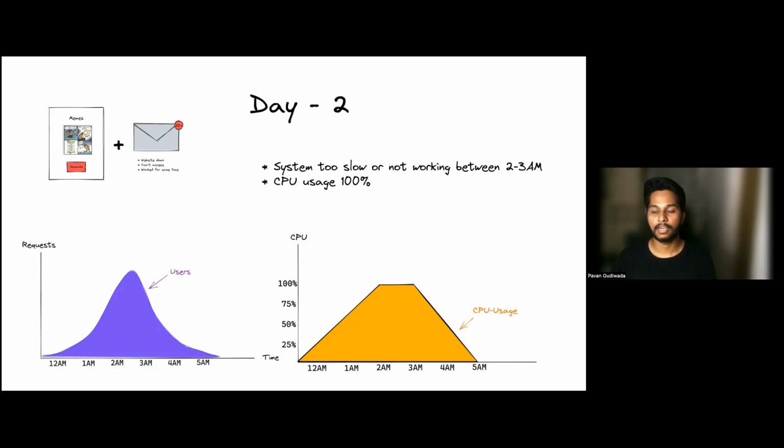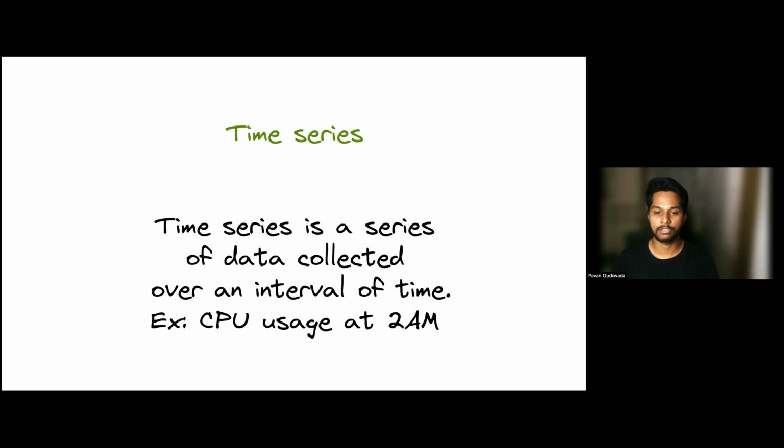So that is where you get the time series. So time series is a series of data collected over intervals of time. So here the intervals could be every 10 seconds, or every 20 seconds, or every 1 minute, or 1 hour. So anything that is being collected at a series of intervals based on the time is called time series.